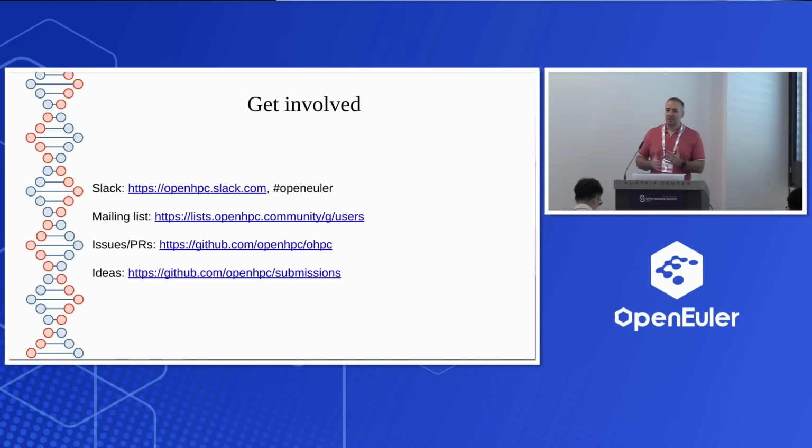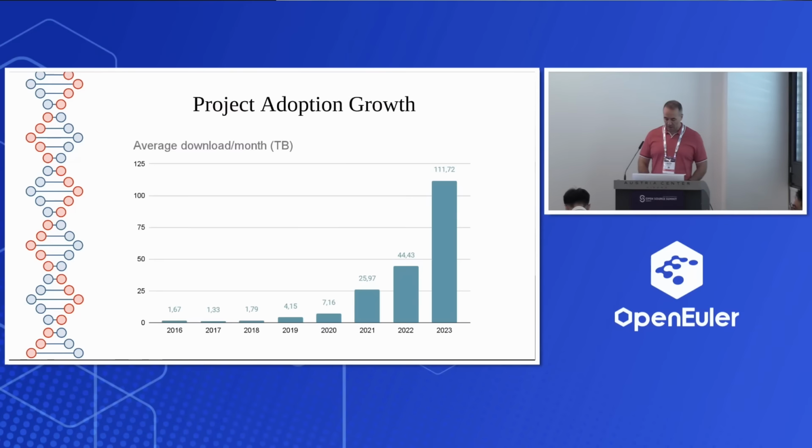These integration tests test openEuler with Warewulf plus Slurm, with Warewulf plus OpenPBS, or vice versa. And we try to test the whole matrix. That's the idea of the components here.